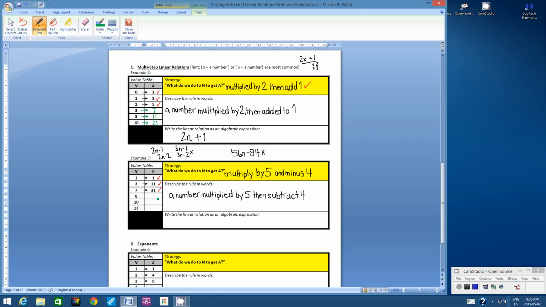Okay, so now I want you to complete the value table. Here a calculator might help.